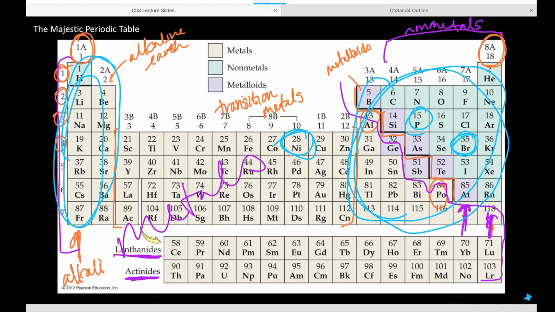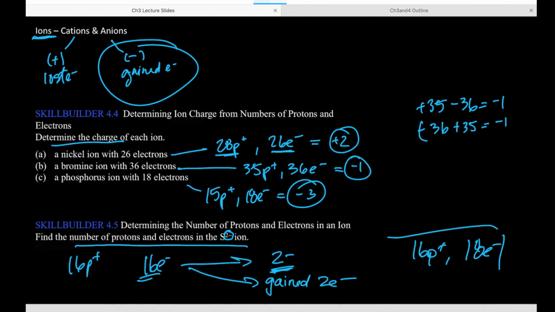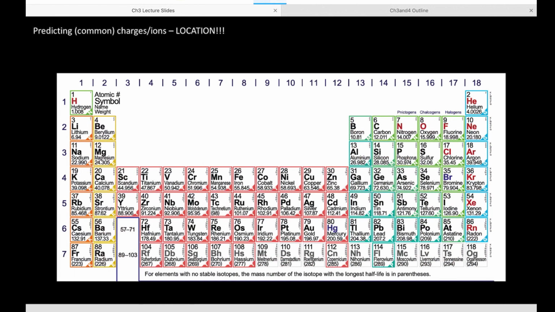So if we go find sulfur, sulfur has 16 electrons to begin. So if it has 16 electrons, it has 16 protons definitely. It started with 16 electrons, but to get to a 2 minus, it would have to have gained 2 electrons. So it means that we have 18 electrons, 16 protons, and if we look at those numbers, do they make sense with the 2 minus charge? Absolutely.